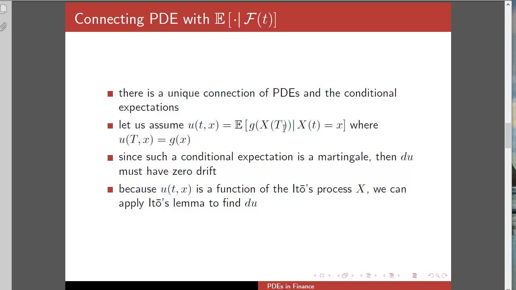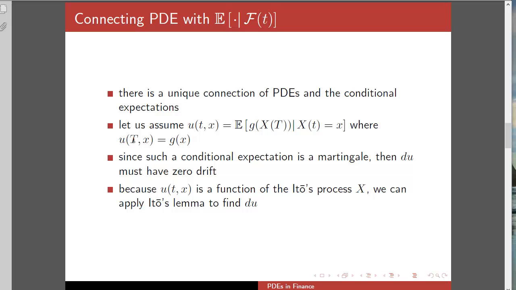and u is defined as a conditional expectation of some function g whose argument is x at some terminal time T. So if you substitute, and g is defined like that, that means it's equal to the terminal state of the function u.